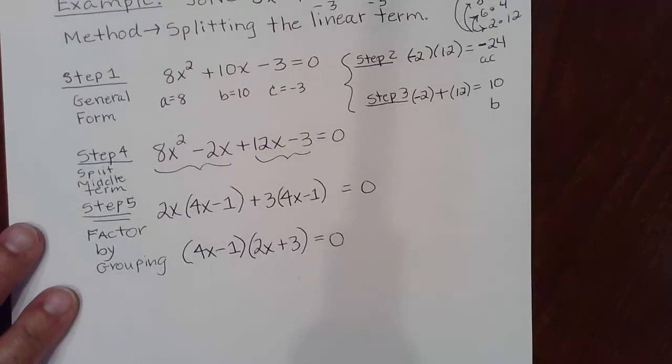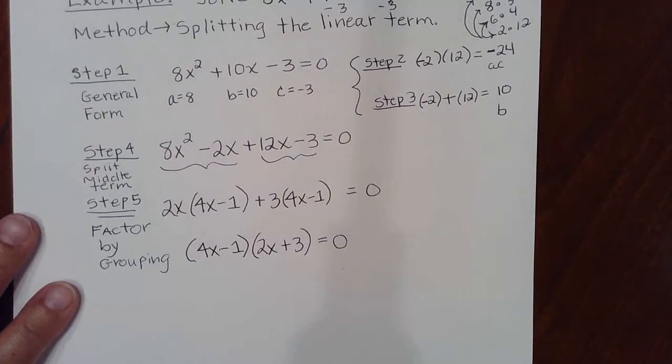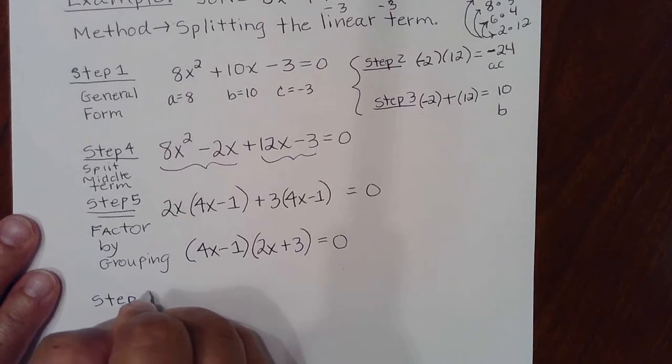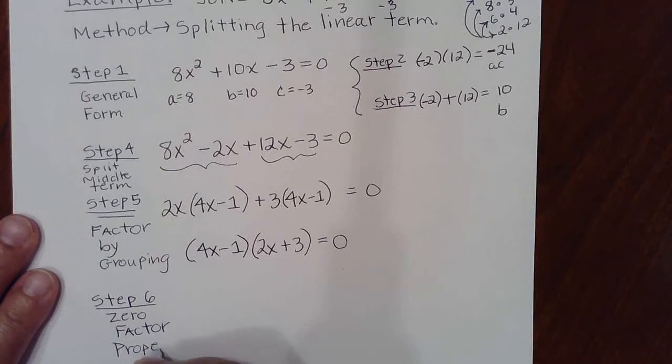Once you've broken this down into two linear factors, you are now going to go into using the zero factor property in order to actually finally get the solutions. The zero factor property, if you recall, we use it every time we factor, regardless of the method.